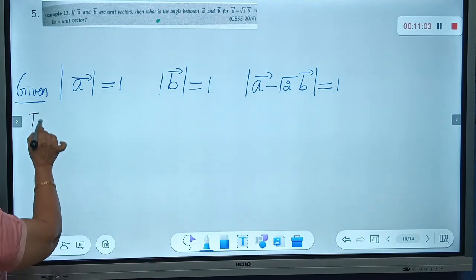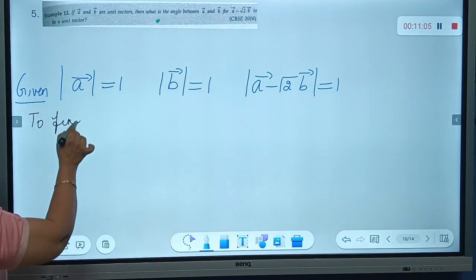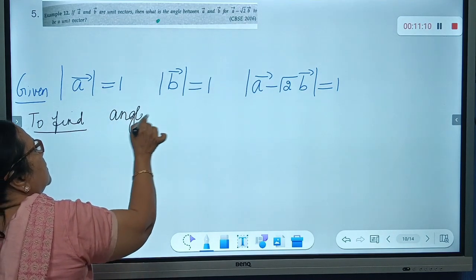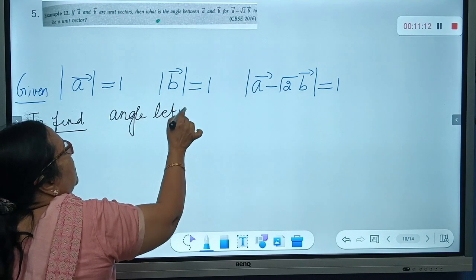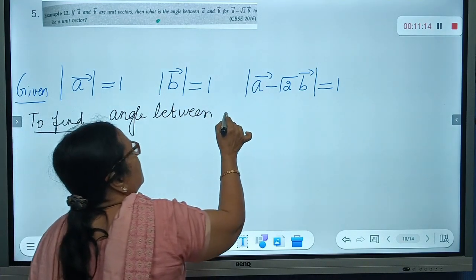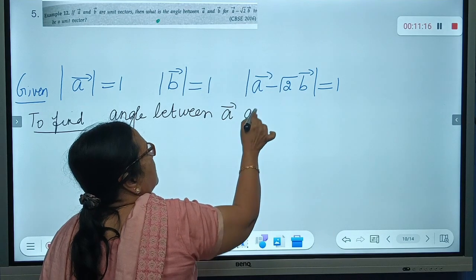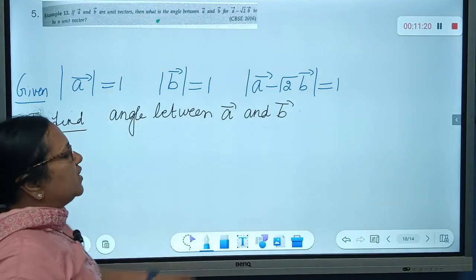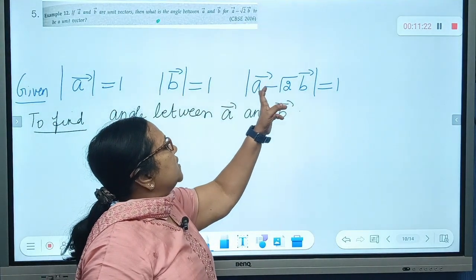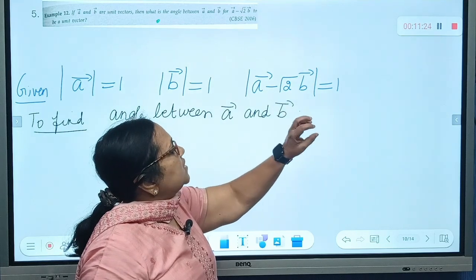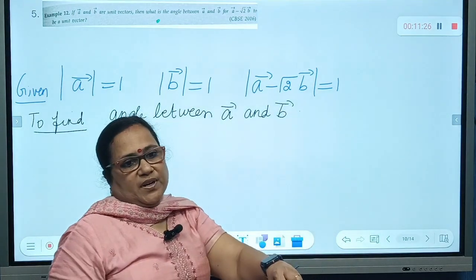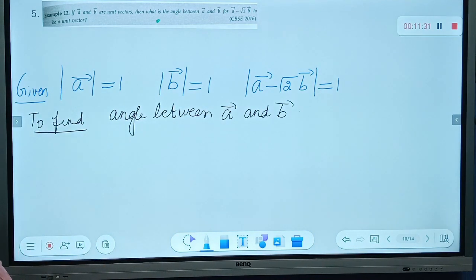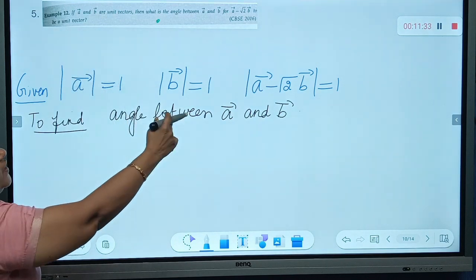What is it you need to find? The angle between A vector and B vector. I have already told you, whenever you are given the sum, in this case a sum of A vector plus minus root 2 times B vector, an important technique is to look at its square.